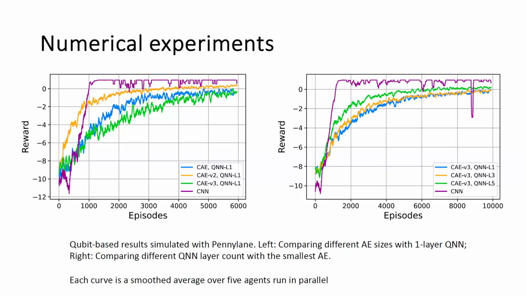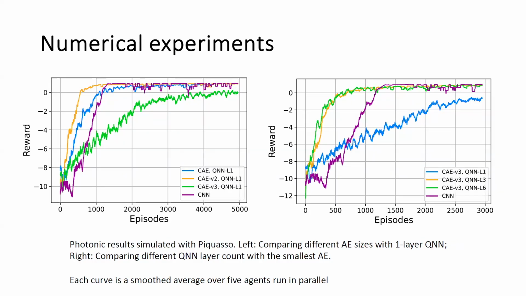And our results show that there is a little bit of trade-off between the autoencoder size and the number of QNN layers. For example, on the right, you can see that we chose the smallest autoencoder, and in this case, it requires more quantum layers for a better convergence.